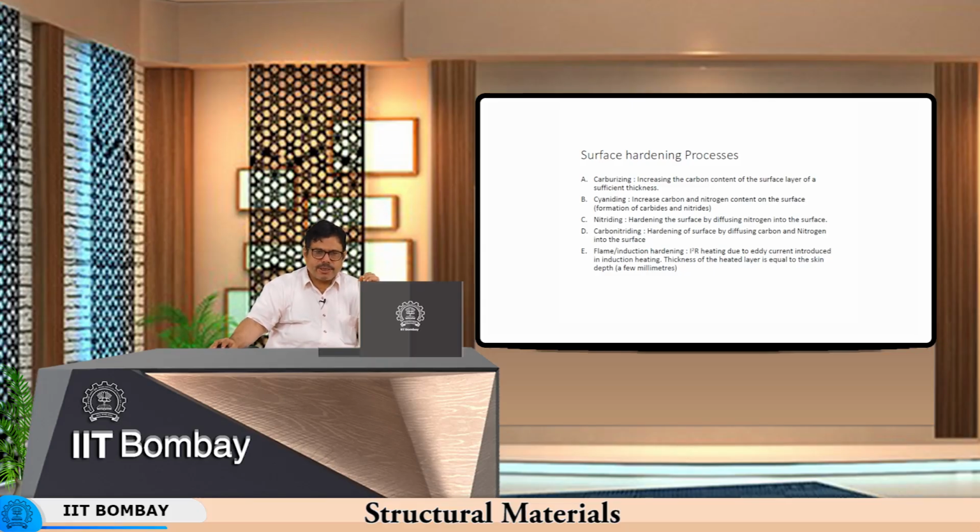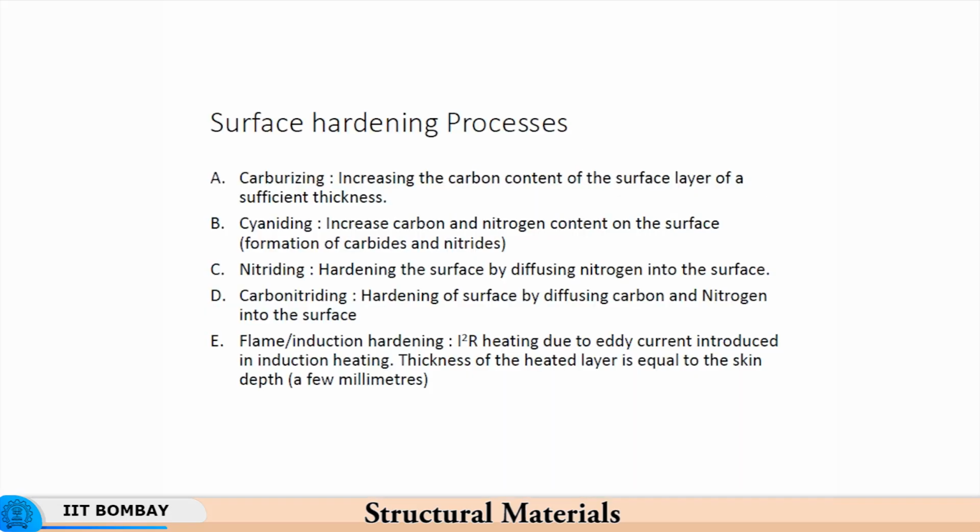Why? Because if you heat it to an austenitizing temperature, the high carbon austenite will be on the surface, the relatively low carbon austenite will be in the interior, and then you quench rapidly from this a single phase to the final phase that you want, that is the martensite on the surface.